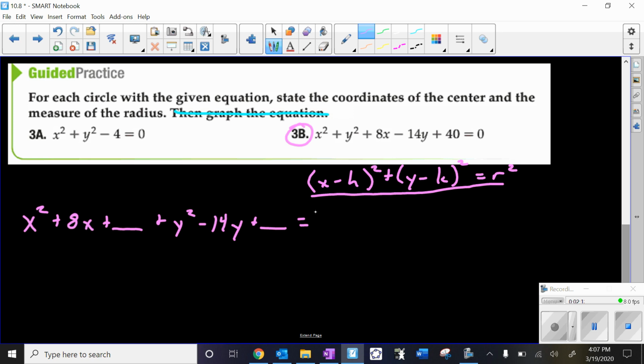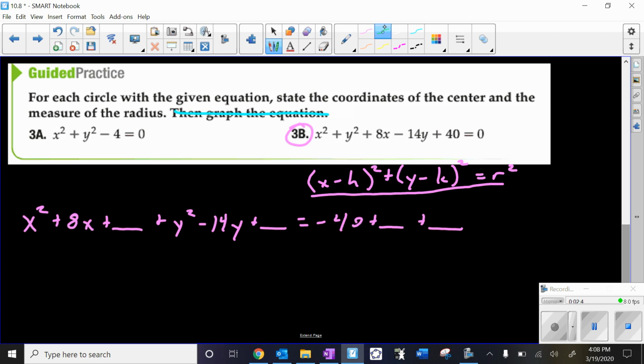Notice I didn't put the 40 on the left side. I want to get it to the right side, so I'm going to subtract 40 over. Whatever I add in these spaces on the left, I also need to put on the right side. Since it's an equation, I have to keep both sides equal.